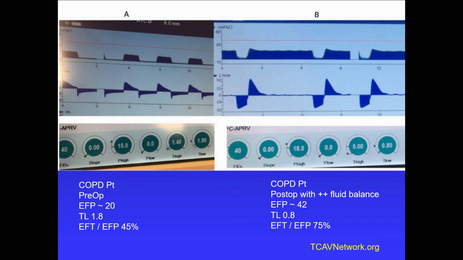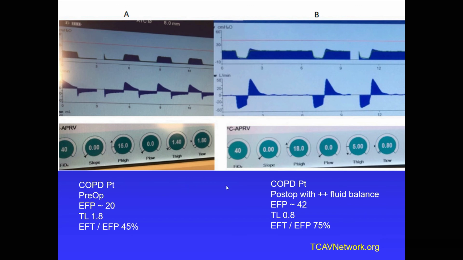This is an example from Baltimore Shock Trauma that is cited on the TCAB network. And here you have a patient with severe COPD. Initially, they were well managed with a very high T low, T low actually higher than T high in this instance due to the severe COPD, initial T low of 1.8.